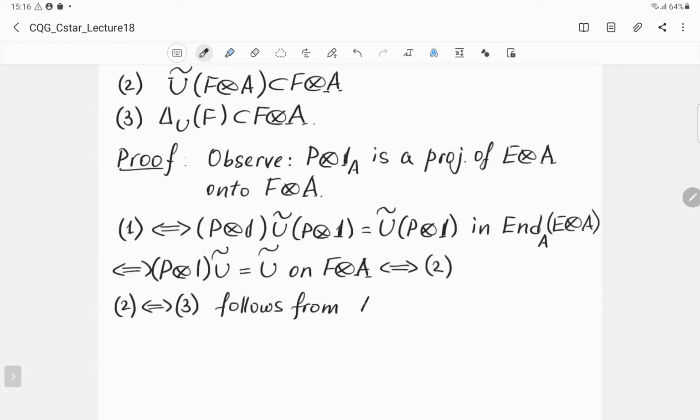Namely, delta U takes an arbitrary element, say X, in F to U tilde applied to X tensor 1.